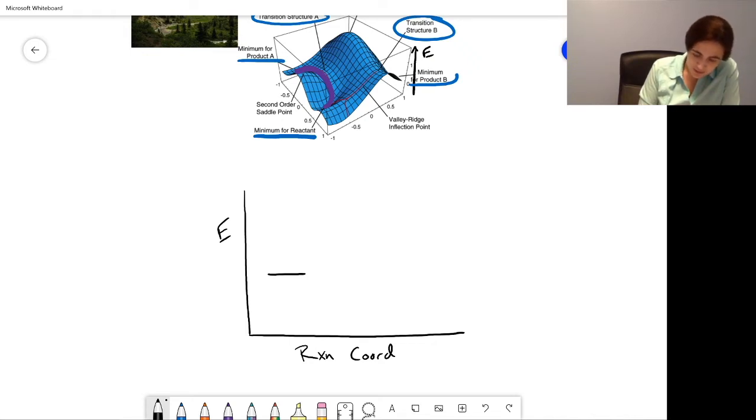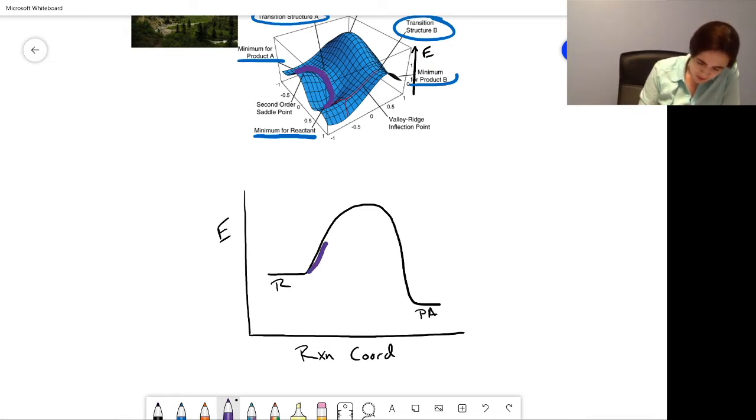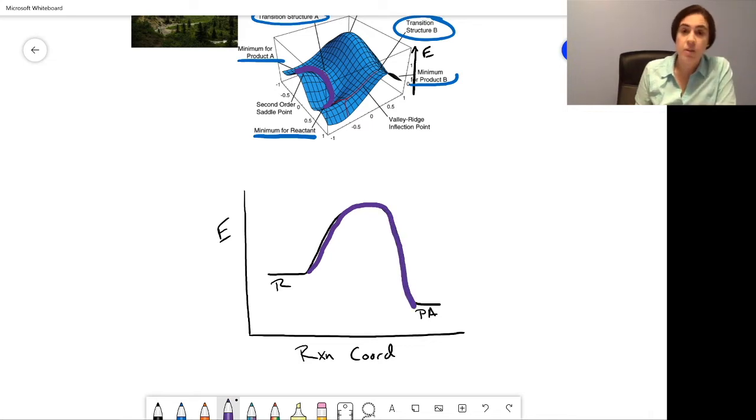So we have our energy increasing, we have our reactants. Let's say we're doing a reaction going from our reactant to product A, and this would represent the purple line here. So here we're talking about just the lowest energy path, not all of the other paths around that.